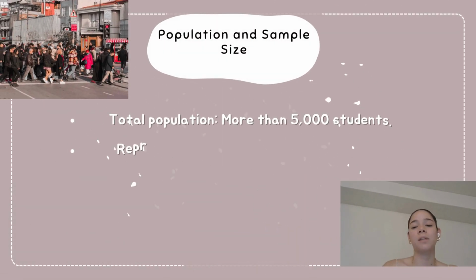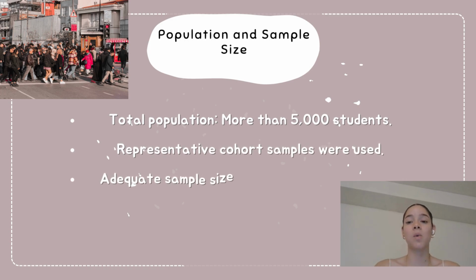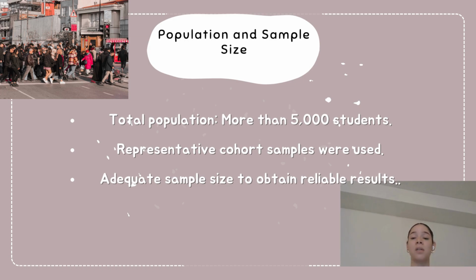Population and sample size. Regarding the sample size, the study is quite robust. The overall population was over 5,000 students, and the sample was divided into annual cohorts. This size is more than sufficient and obtained statistically significant results.